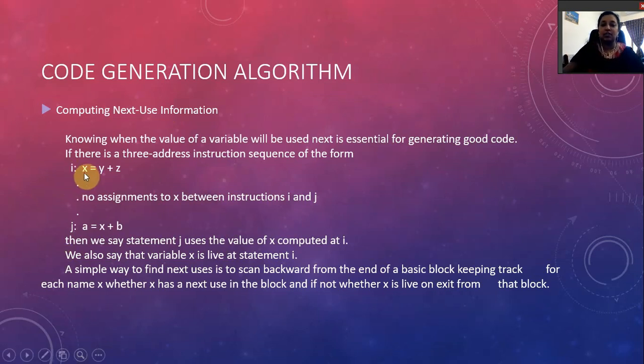In the ith instruction, they have used X, Y and Z. And in between, I don't have any assignment of this value X. And only in the jth instruction, I am going to use X. So this is a data flow analysis which the compiler makes and which you call the next use information. Based on it, we know whether you have to retain the content in the register or we can replace it for bringing in some other values.